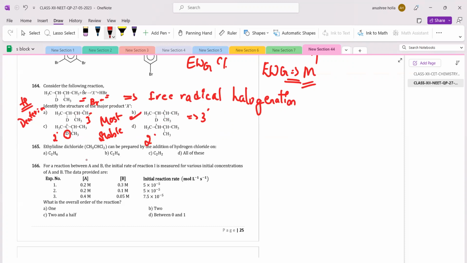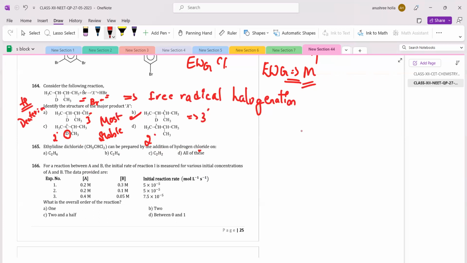Okay. Coming to question number 165, ethylidene dichloride can be prepared by the addition of hydrogen chloride on. So now you have to look into the options from which you'll be getting the product ethylidene dichloride from one of these reactants.